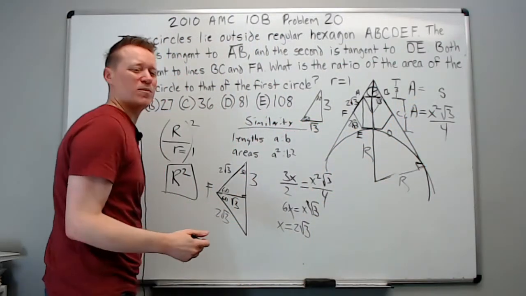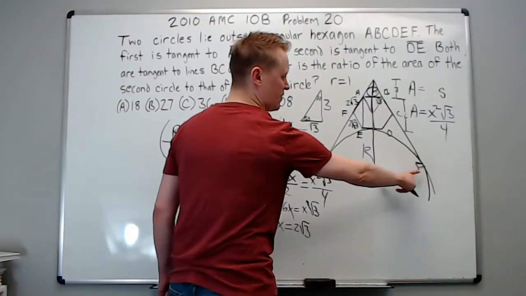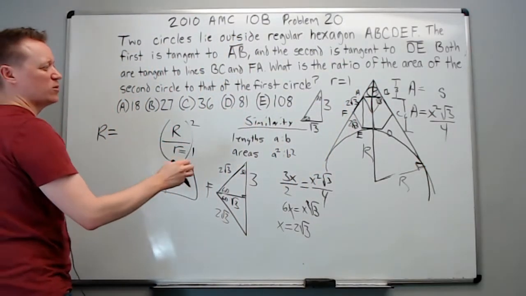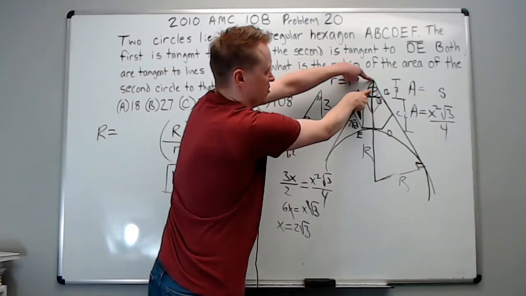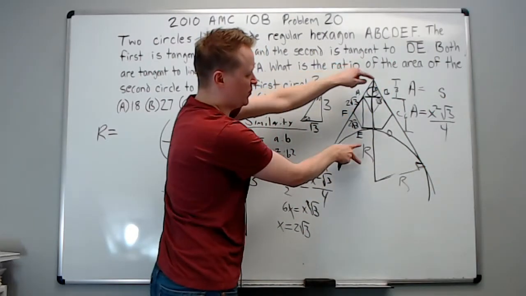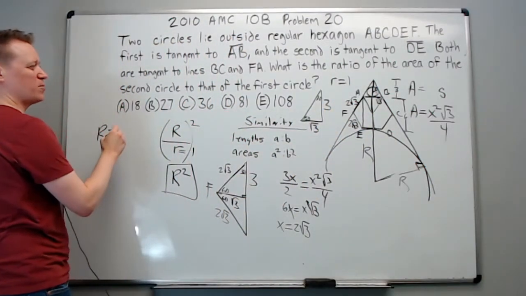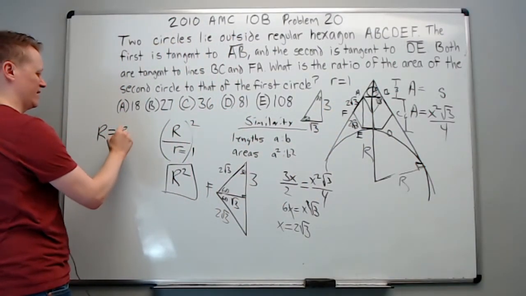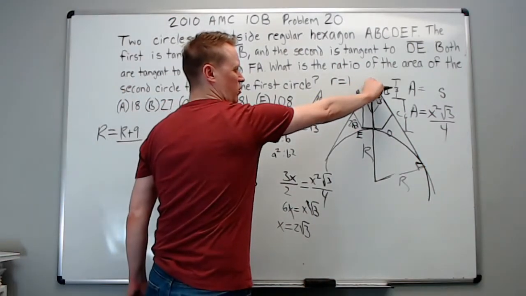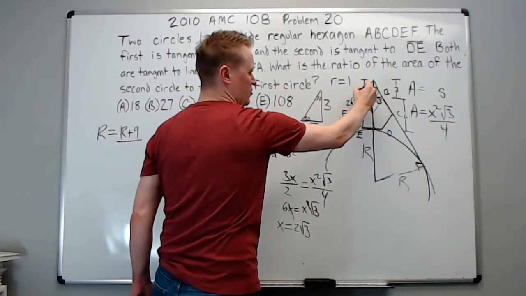So we can now make a ratio of similar triangles. It's going to be the radius to 1, r, equal to the big hypotenuse to the small hypotenuse, because this is also 90. So the big hypotenuse is r plus 6 plus 3. It's r plus 9. And then the small hypotenuse is just this part here to here.